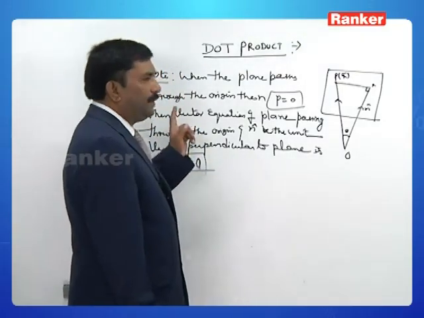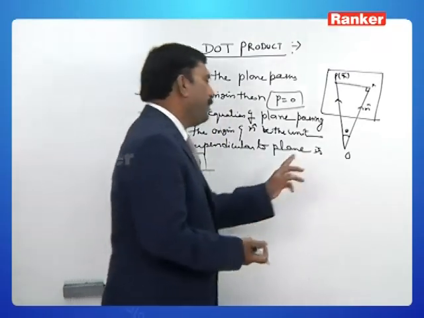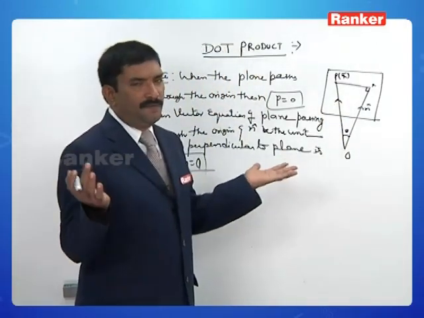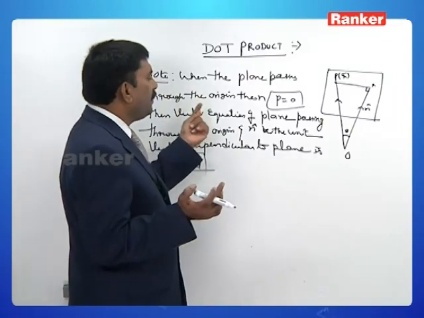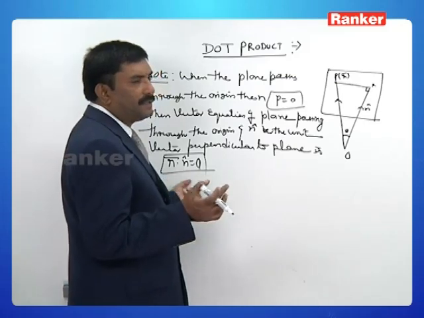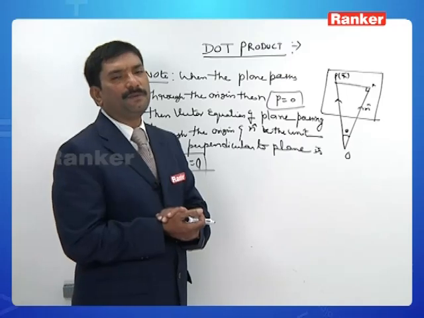Now, whenever any plane is passing through the origin, the perpendicular distance from the origin will be 0. So the vector equation of a plane, in the form r bar dot n cap is equal to p, will become r bar dot n cap is equal to 0.